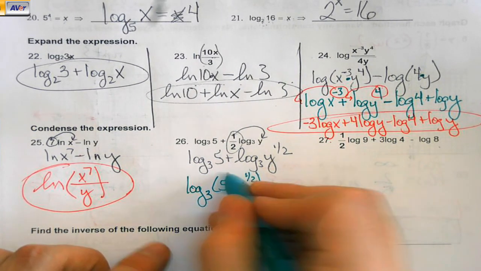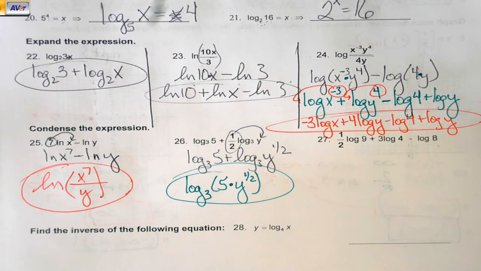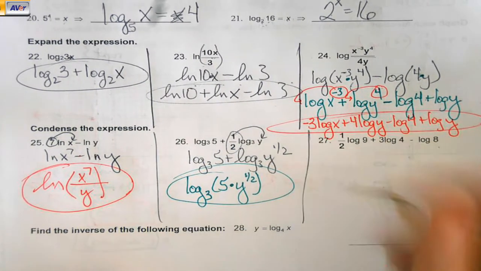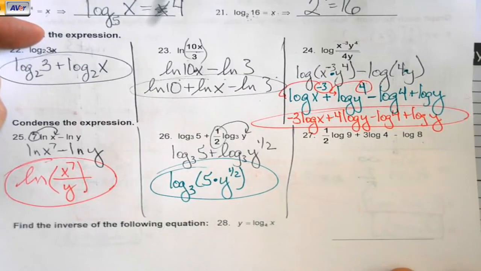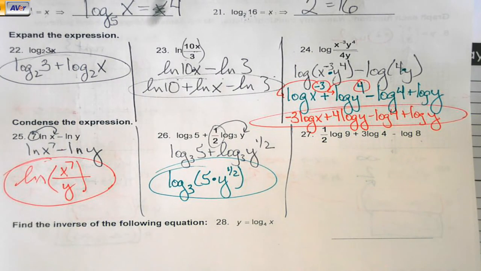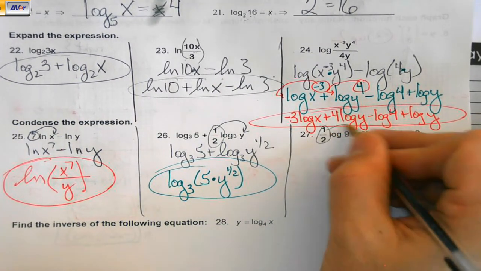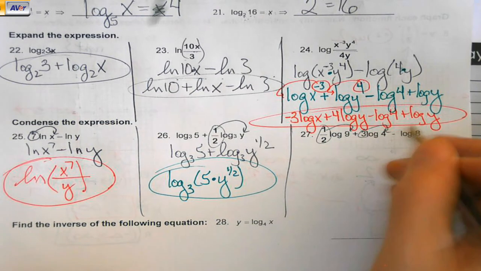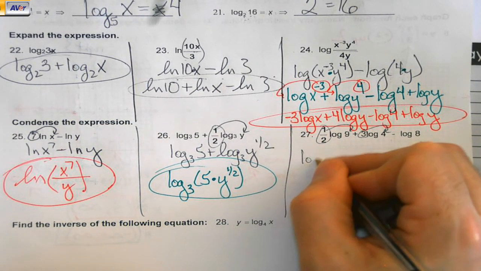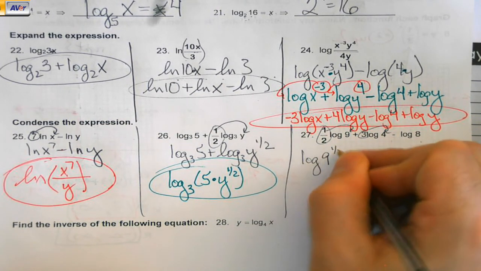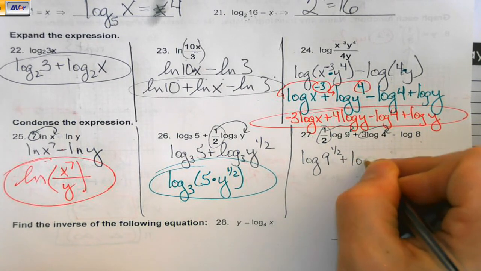And I don't see any minus. That one's done. And similar to what we had up above, we're going to hit everything in this last one. So I have coefficients. So those go back to the top.